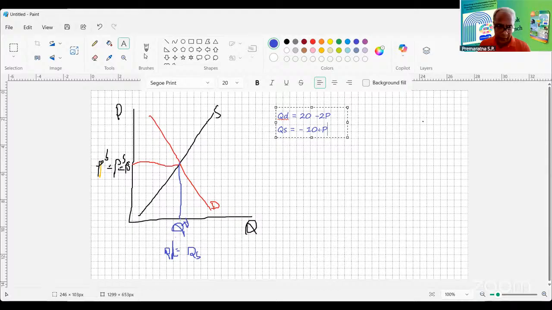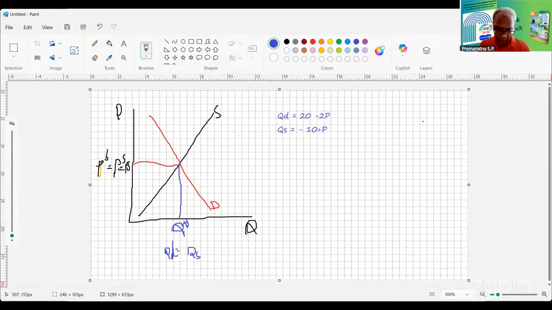What we show here is the equilibrium point, QD equals QS.